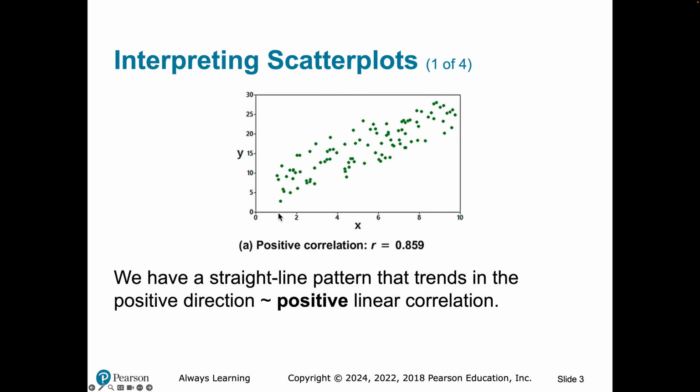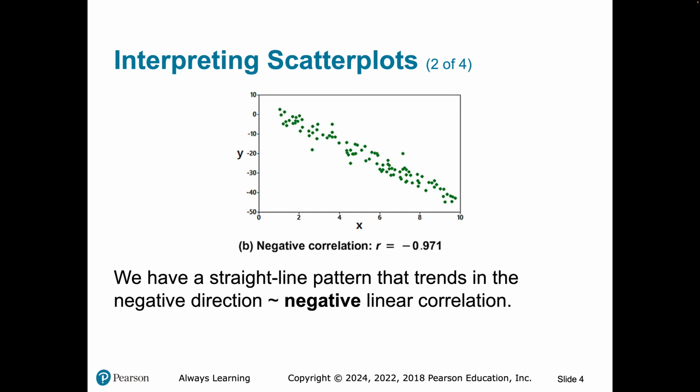So when I'm down here at, say, an x value of 1, my y values are in the 5 to 10 range, right? But when I get out here to 9, my y values are up in the 20, 25, 30 range. That is the characteristic of a positive relationship. And it's linear because, again, just as I eyeball it, I think most of those points would fall pretty close to a straight line.